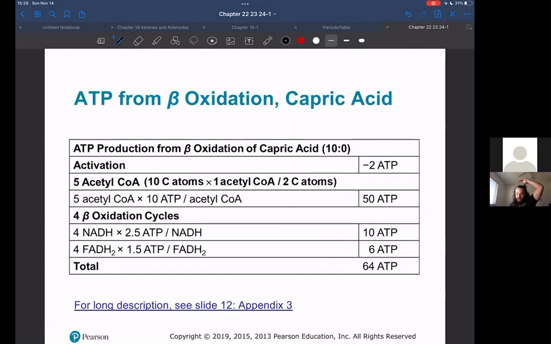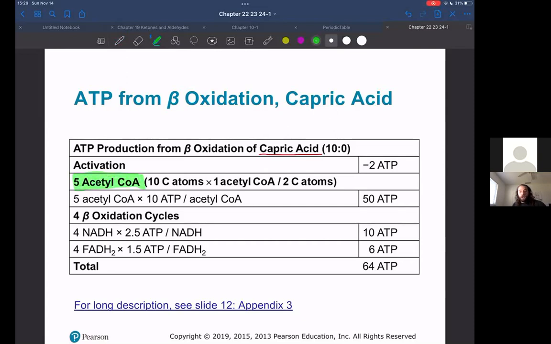Okay, so now we're going to translate all that information into a number of ATPs that you actually get. So again, let's do the example of a 10 carbon fatty acid, capric acid. We said that from that 10 carbon fatty acid, we'll get 5 acetyl-CoAs, right?